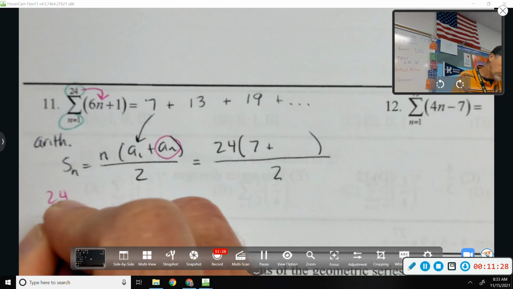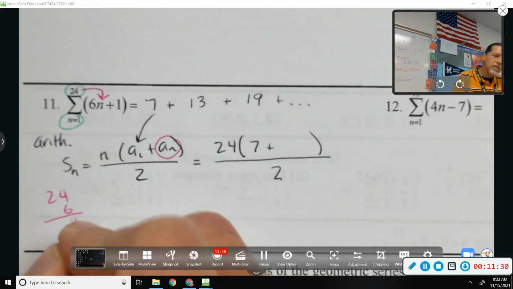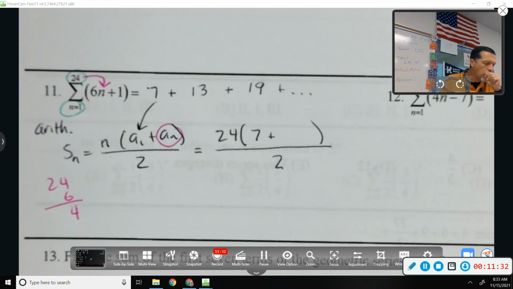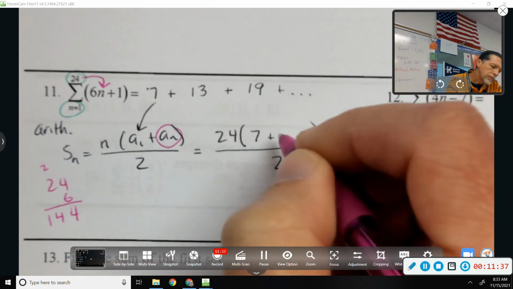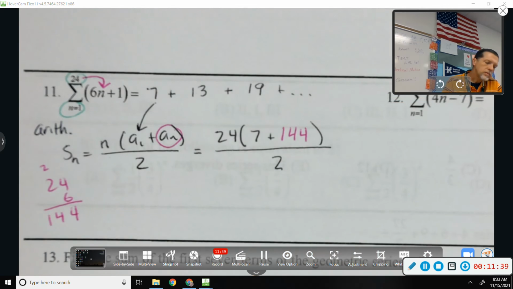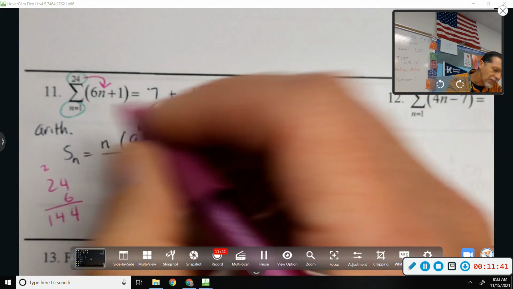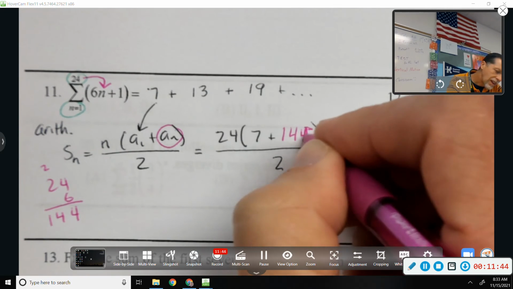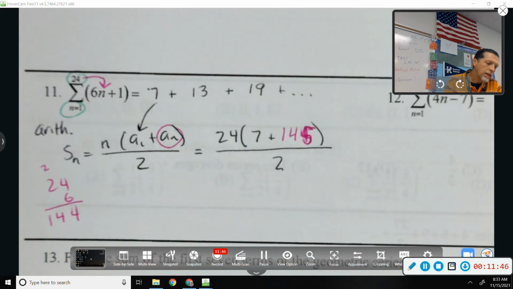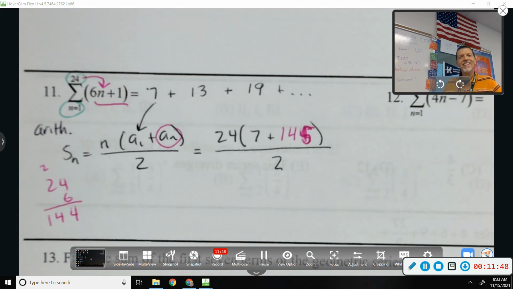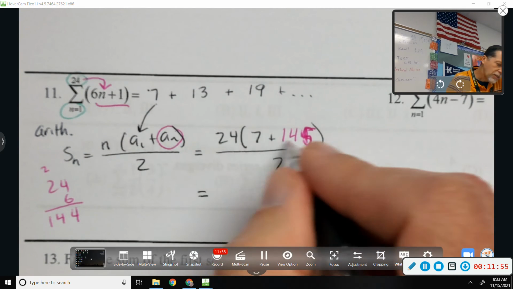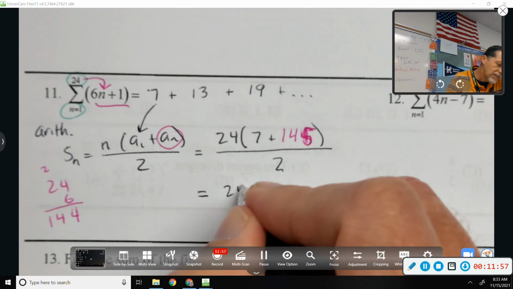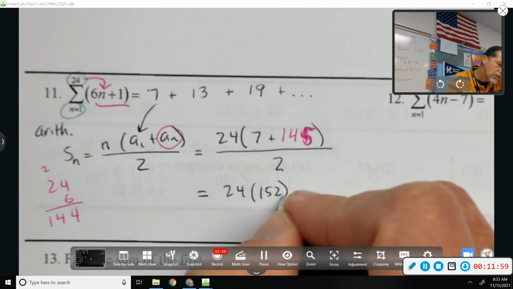So 24 times 6. 6 times 4 is 24. Carry your 2, 144. Oops, yes, thank you. Add 1, because the formula was add 1. So let's see here. 7 plus 145 is 152.